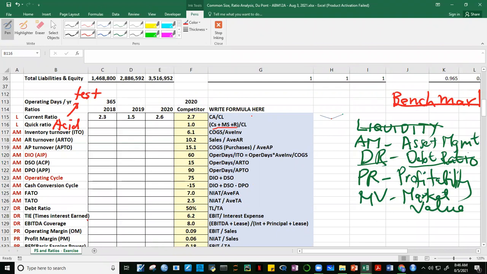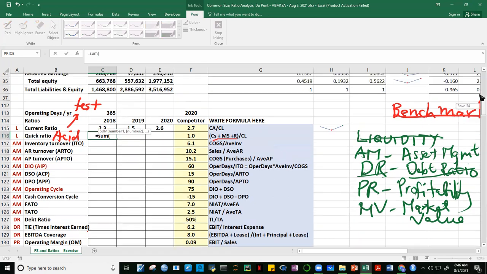Hindi kasama si inventories, hindi kasama si prepayments. Okay, ito lang yung pinaka-liquid dun sa current assets. Di ba ang current assets natin arranged yan according to liquidity: cash, short-term investments, and receivables. Siya lang yung kasama sa quick ratio or acid test ratio. Hindi kasama si inventory at saka si prepayments, no?